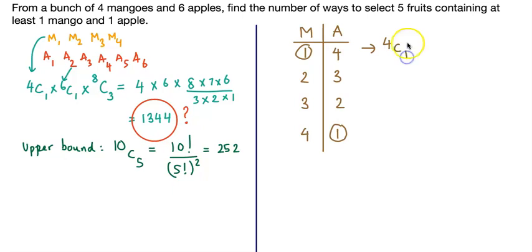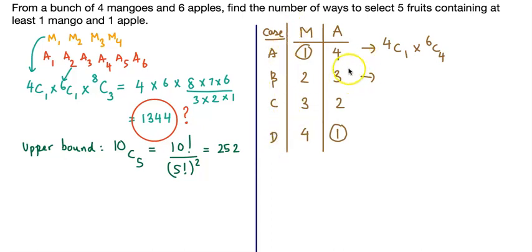It's 4C1. So of the 4 mangoes, you want to pick 1, and of the 6 apples, you want to pick 4. Okay, 6C4. These are cases. Let me call them A, B, C, and D. So case B, you want to pick 2 mangoes from 4 and 3 apples from 6.